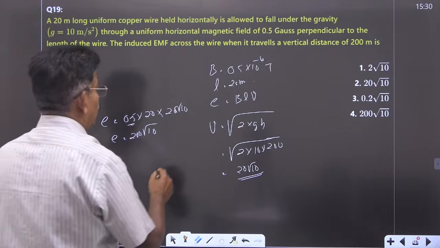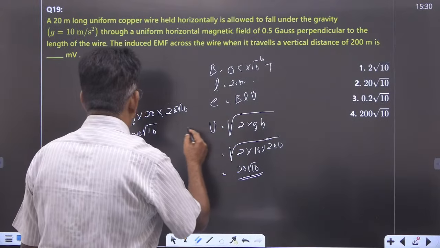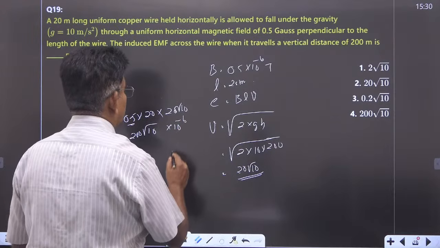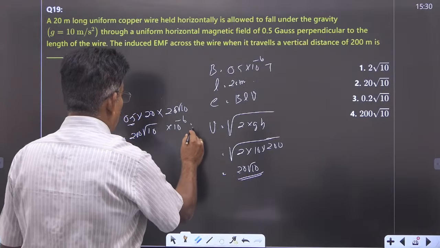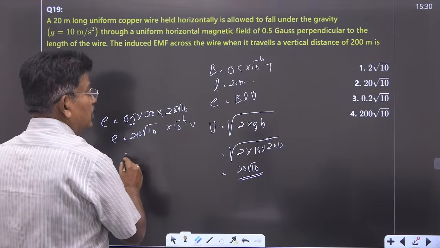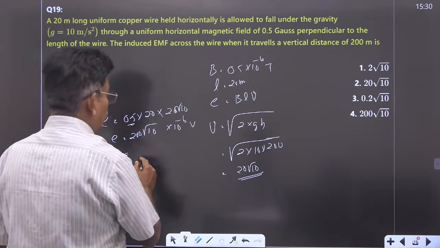And into, how much is there? B, 0.5 into 10 to the power of minus 4, not minus 6. That many volt. So in millivolt, we have to multiply with 1,000.